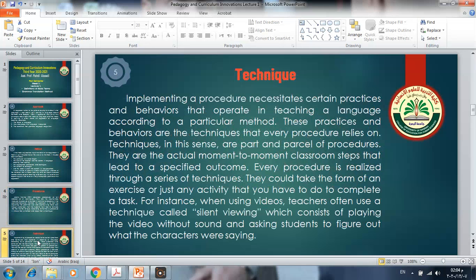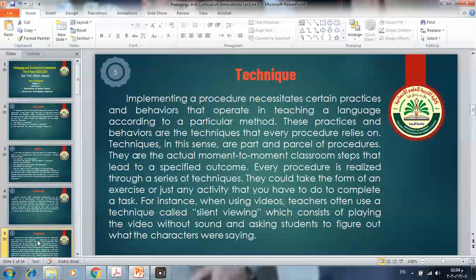The other term that we need to know about is the technique. Technique is the implementation of a procedure. Implementing a procedure necessitates certain practices and behaviors that operate in teaching a language according to a particular method.